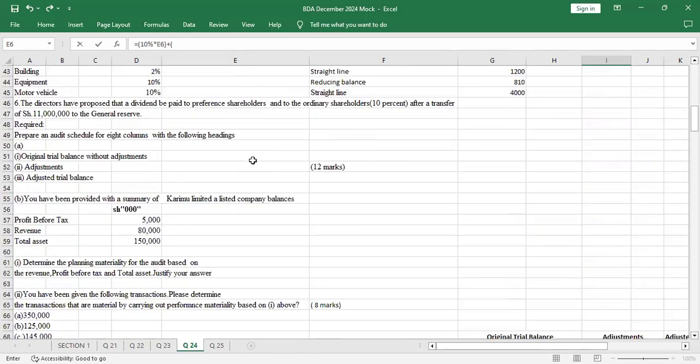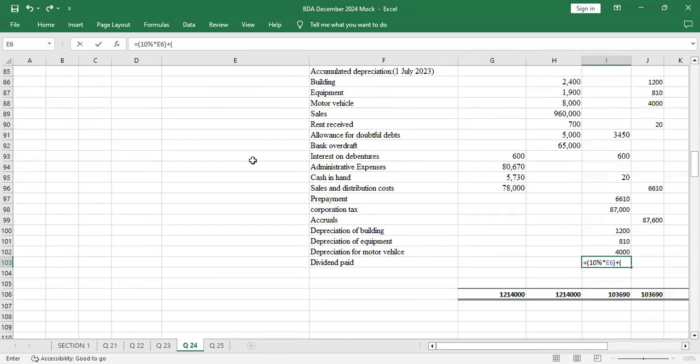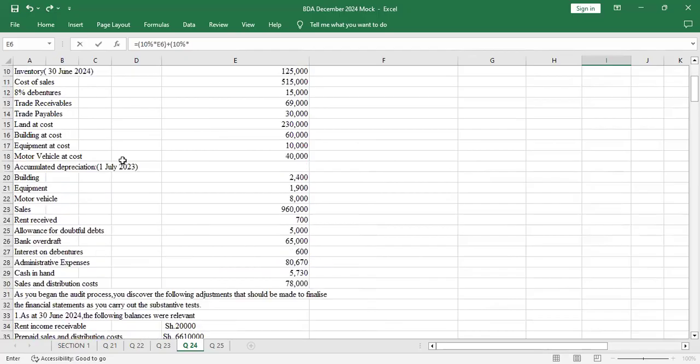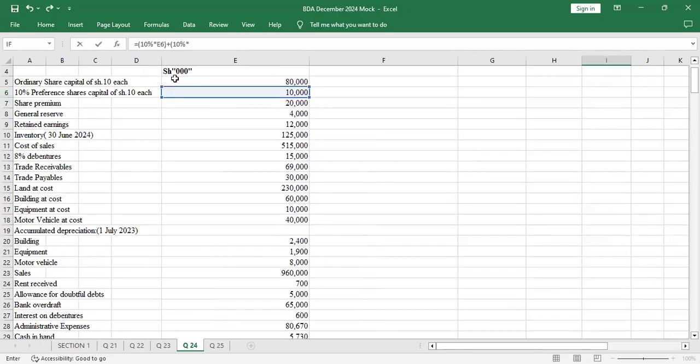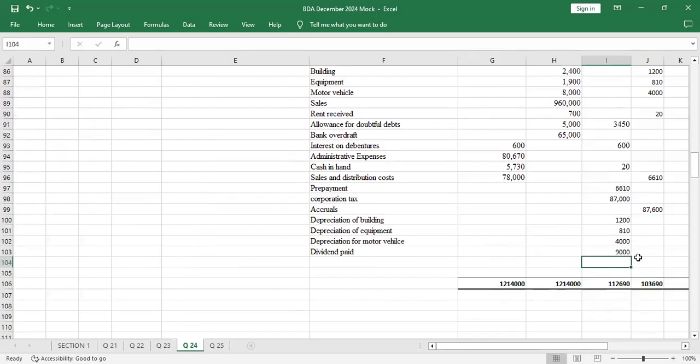So just take 10%, multiply by the total ordinary shares, which is 80,000. Then you close the bracket and you enter. So once you enter, the dividend paid was 9,000.